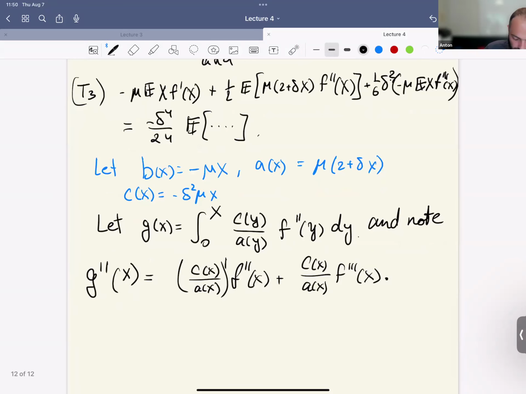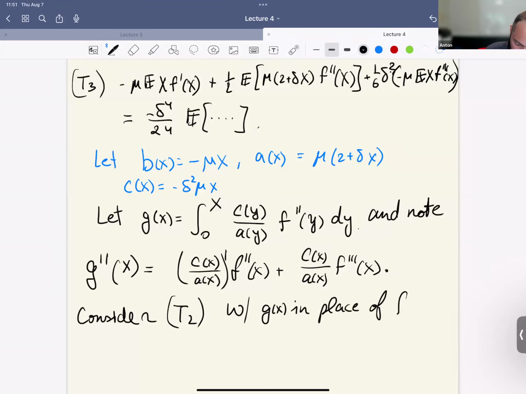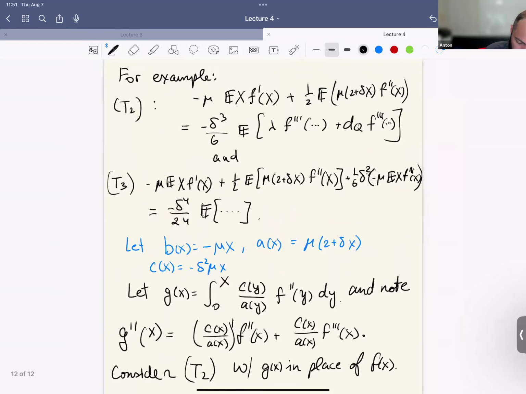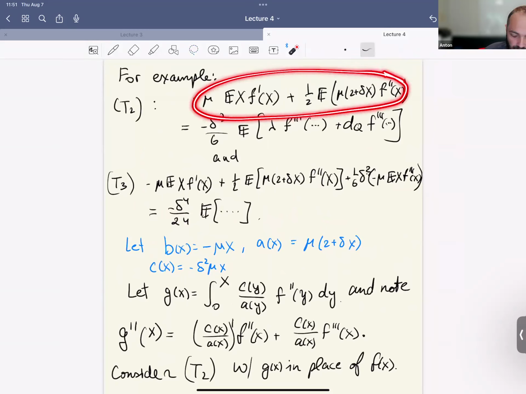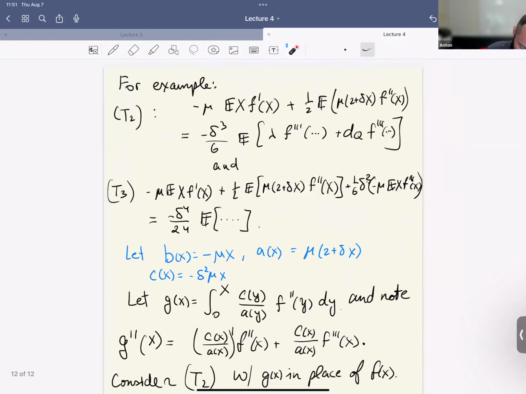Okay, so this is just a test function. Now consider T2 with g of x in place of f of x. What is T2? T2 is writing out the first and second order term and using the third order as error. Okay, so maybe let me copy this.